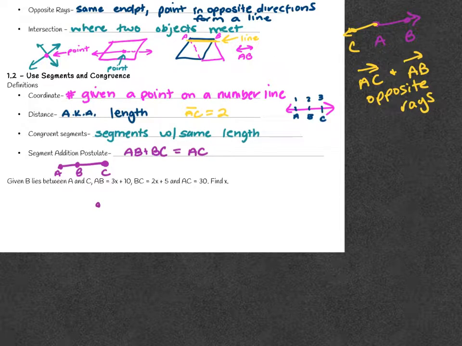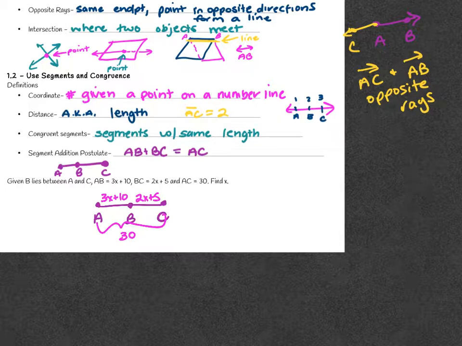So this says given B lies between A and C, AB is 3x plus 10, BC is 2x plus 5, and AC is 30. Find x. Are you going to set those equal to each other? No. Not going to make that mistake again, right?